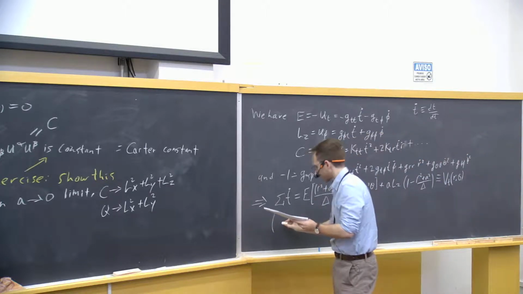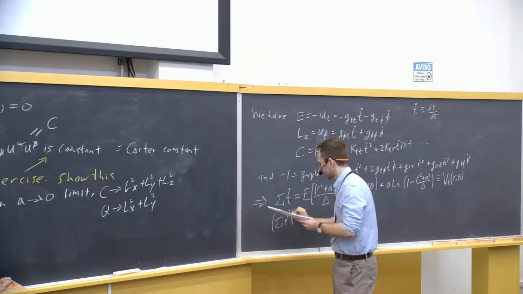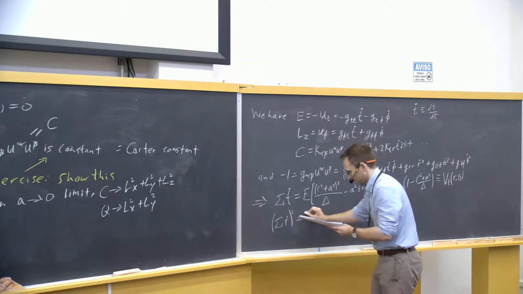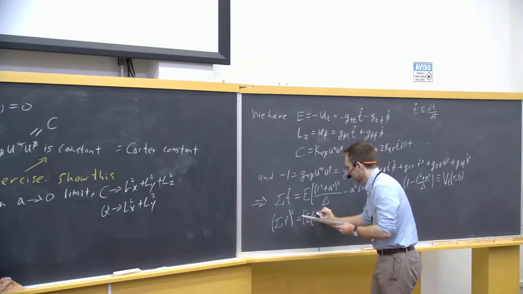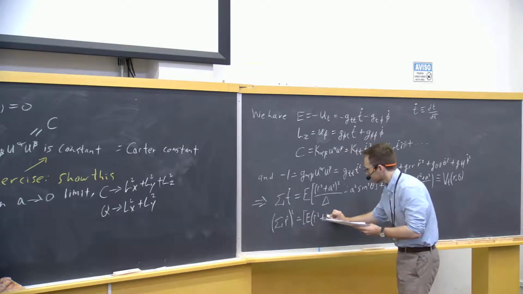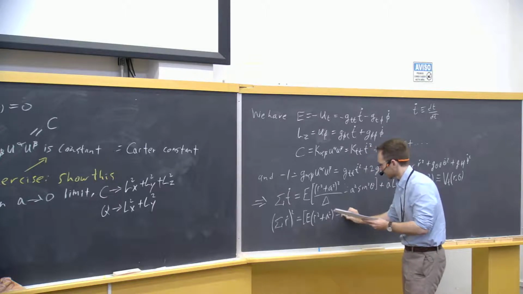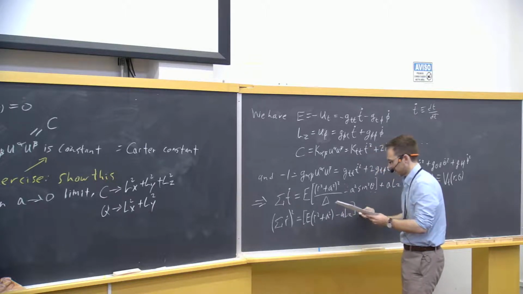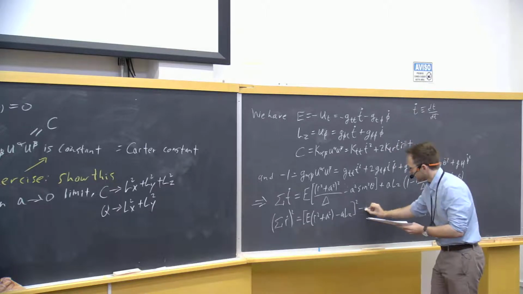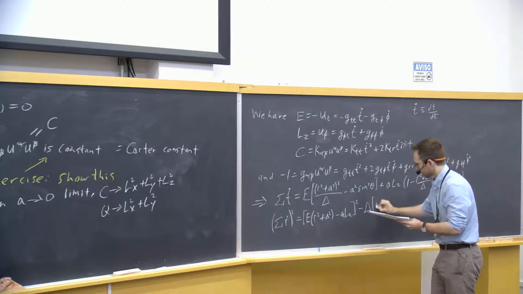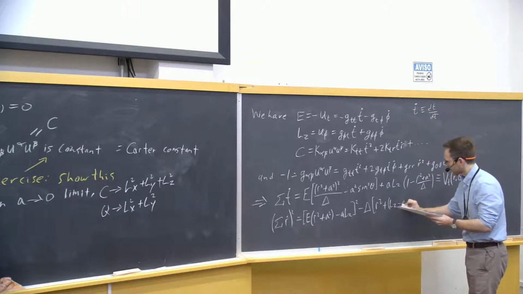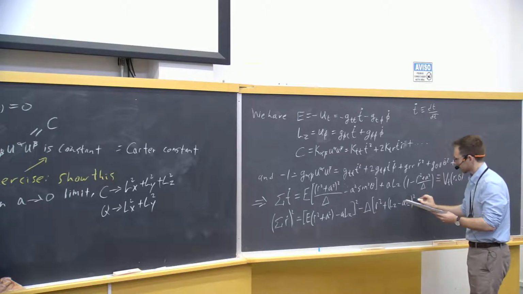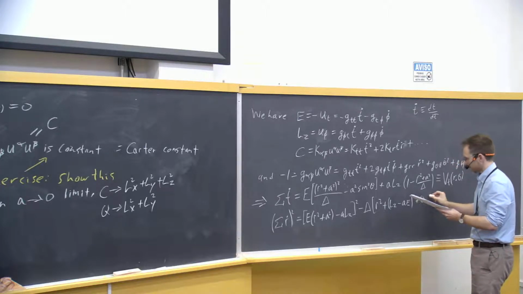Then we have an equation for r dot, which I will write as (sigma r dot) all squared. And that is (E (r squared plus a squared) minus a Lz) all squared minus delta times (r squared plus (Lz minus aE) squared plus Q).